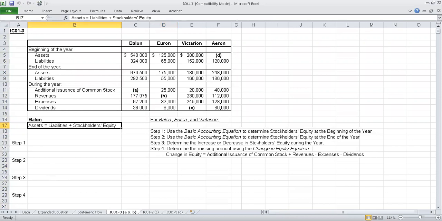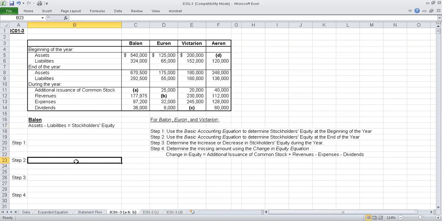But let's rewrite the equation. This is the normal basic accounting equation right here. Assets equal liabilities plus stockholders' equity. Let's say assets minus liabilities equals stockholders' equity, because that's just a different way to write it. And that's going to be more useful for us because we know assets and we know liabilities.